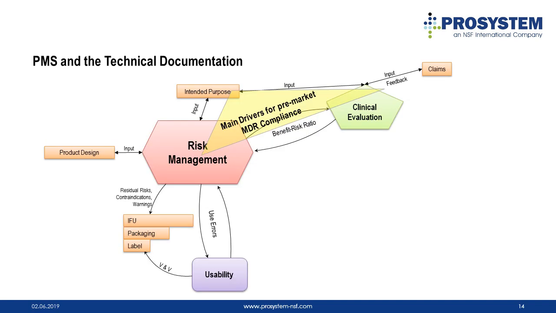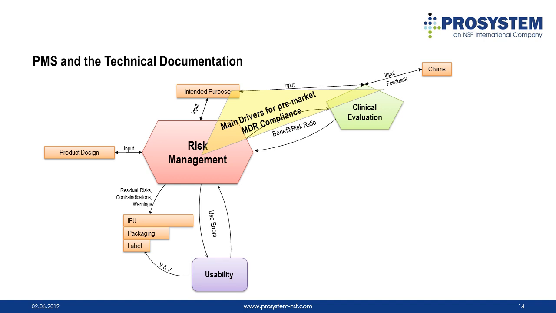Looking at the design and develop phase of a typical medical device lifecycle, the intended purpose determines the extent of risk management and clinical evaluation activities, which are the main drivers to meet the pre-market requirements. The risk management has a major impact on your product design in collaboration with usability engineering.